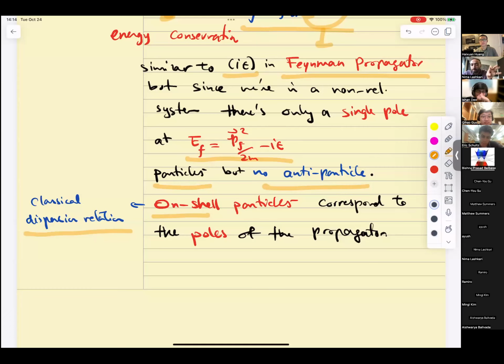The zeros of the denominator of the propagator, which are the poles of the propagator, are going to be telling you about where the particles are. If you find a pair with the energy flipped, that's a particle-antiparticle. If you only find 1, you're supposedly dealing with one of these non-relativistic regimes. That's a very general lesson in field theory quantum mechanics.